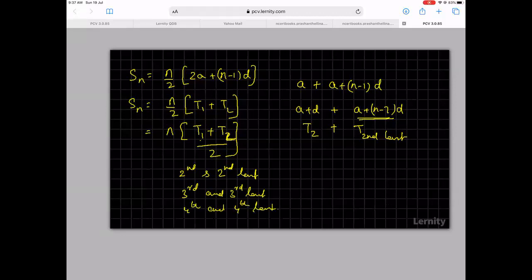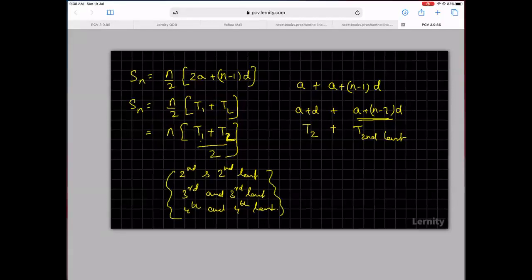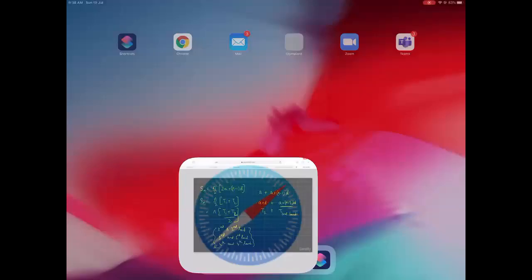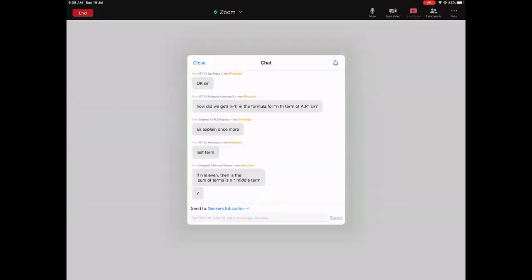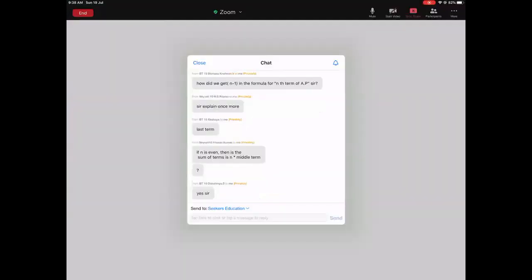Yeah, second and second last, third and third last, fourth and fourth last, and I can keep going on. Yeah, do we understand this? Yes, can you make some notes? If n is even, then the sum of the terms is n into middle term. We'll come to that.